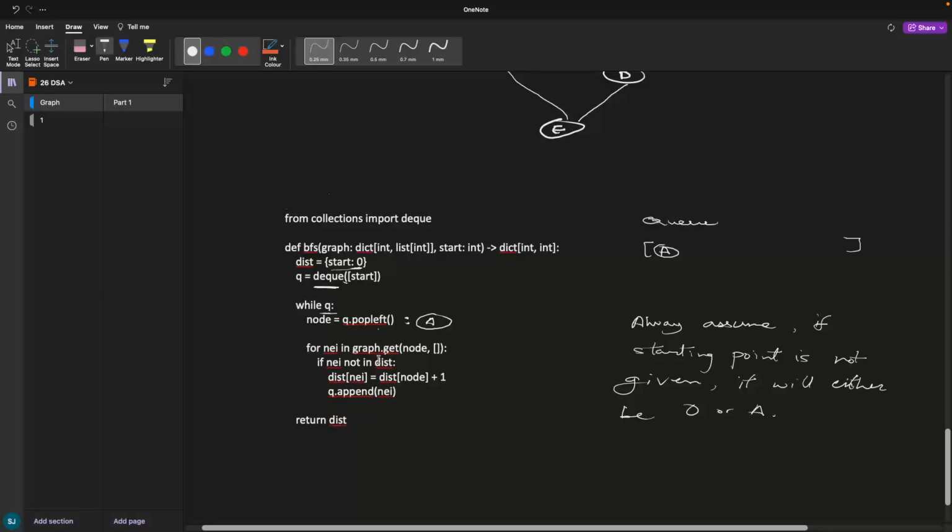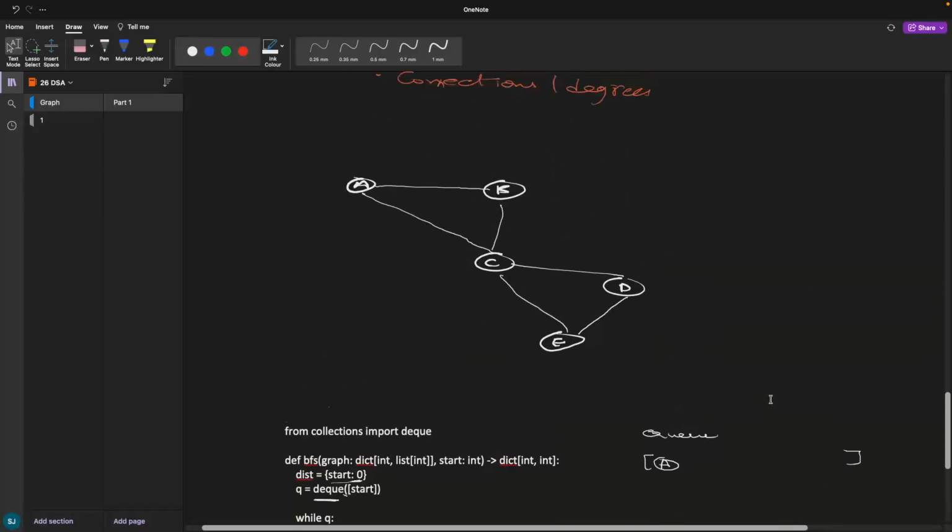Now you see this thing over here, for neighbor in graph.get(node), right? What this essentially is, is the implementation of using adjacency map. How? I'll show you. So let's first make an adjacency map over here, ठीक है.